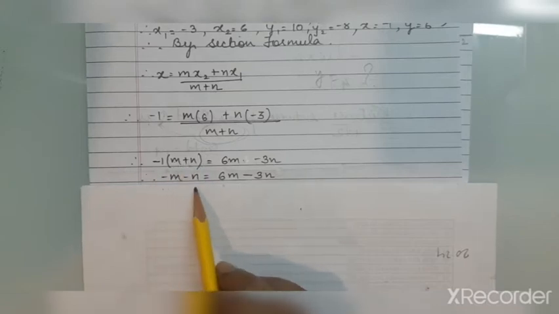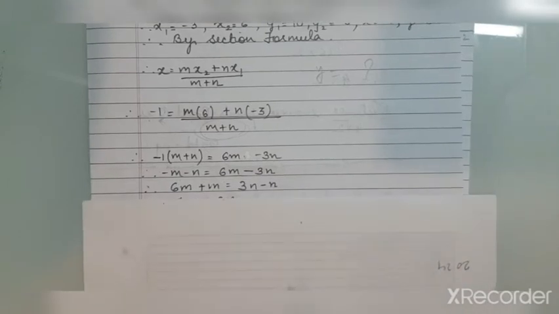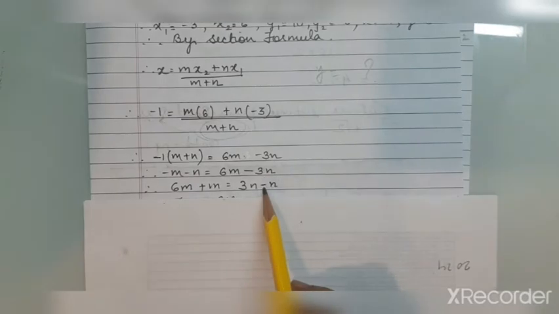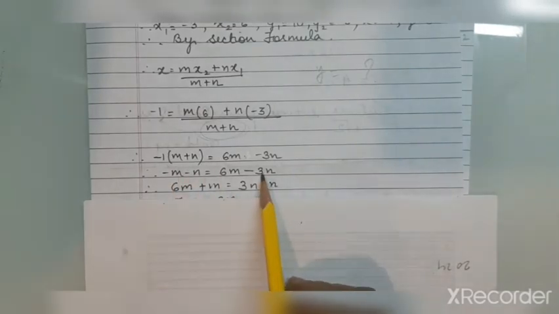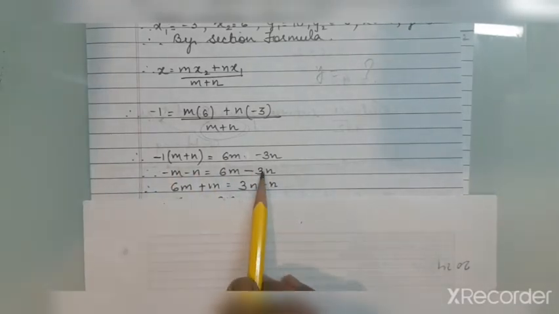So minus into plus is minus. Now this we keep as it is. Now we shift m to one side and n to one side. So 6m, I have shifted m here to the other side, so this minus m becomes plus m. And this minus 3n, I shift to the other side, it becomes plus 3n. So you can see here plus 3n minus n.